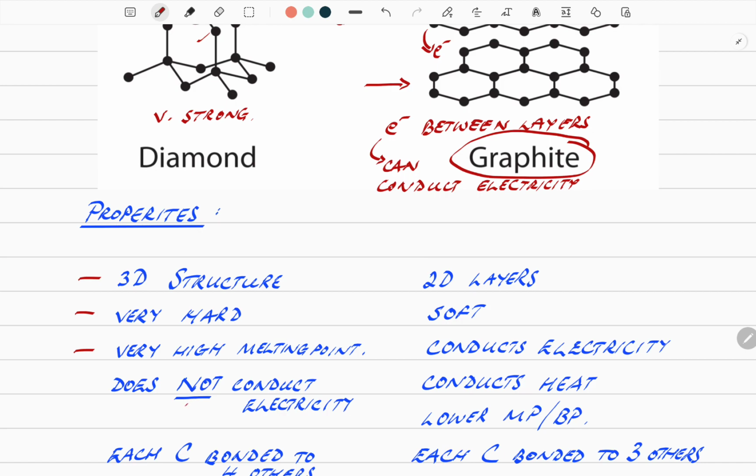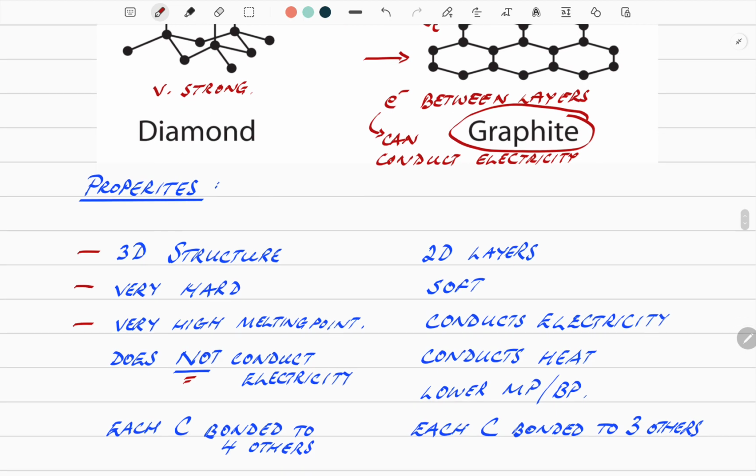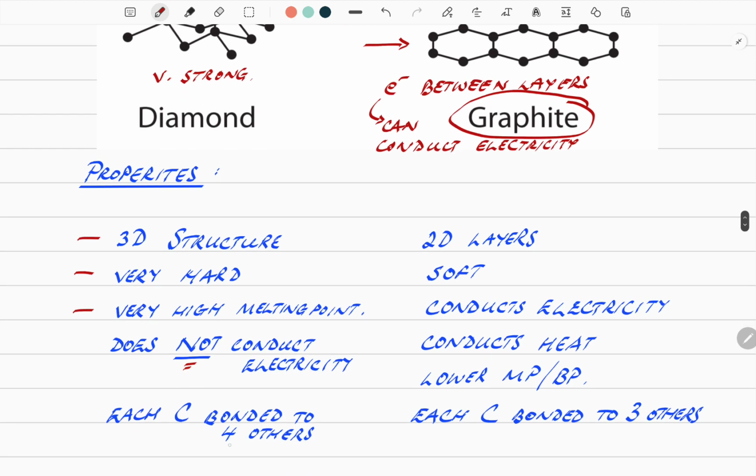It does not conduct electricity, for what we've just said before, that all the electrons are engaged in bonding, so there are no free electrons. And each carbon is bonded to 4 others. Those are the main properties of diamond. We all know diamond is usually transparent but can have colors.